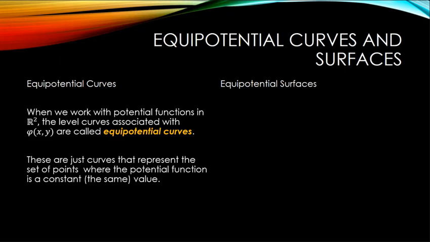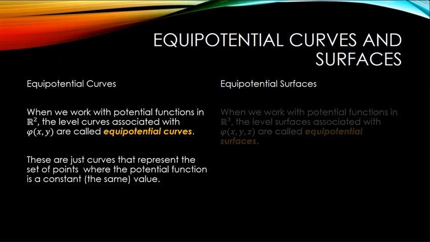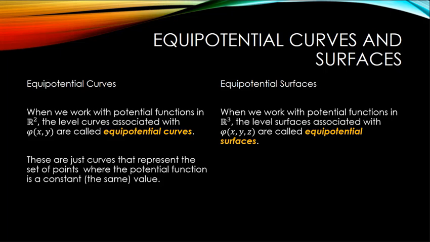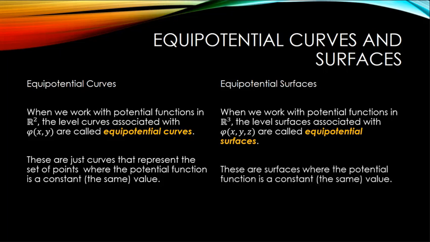That just means that all along that equipotential curve, my potential function has the same value. If I'm working in R3 space, I work with level surfaces that are associated with phi of xyz, and these are called equipotential surfaces. These are the surfaces where the potential function has a constant value over the entire surface.